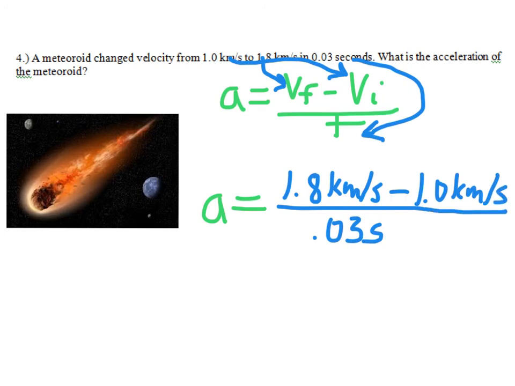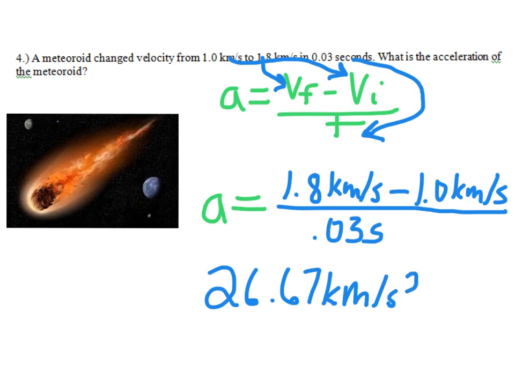Once I'm this far, all I have to do is plug these numbers into my calculator, so you can try that now. My final answer is going to be 26.67 kilometers per second squared.